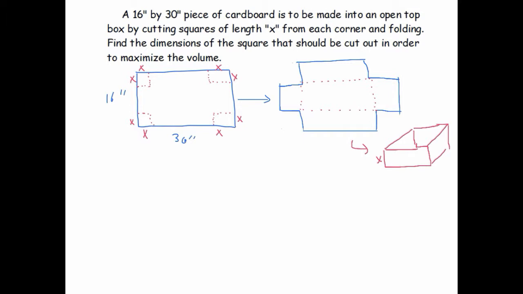So the first thing to do is to figure out what the volume of this box would be in terms of x. We know that we've removed these corners here. So I know that this here should be x, right? That's x, as is this, and actually this is as well. Then we have to ask ourselves, what would this length right here be?